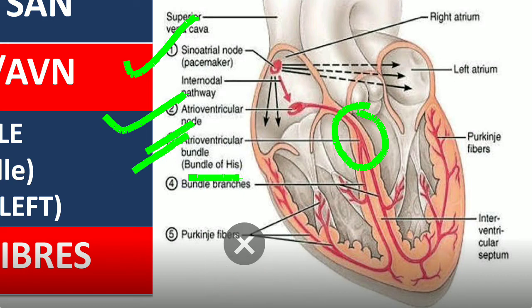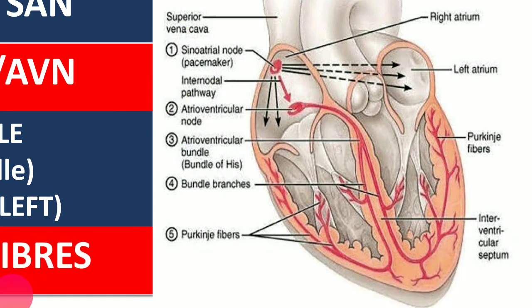Very important, it is asked hundreds of times: what is the bundle of His? You have to tell that the atrioventricular bundle is also known as the bundle of His, which is present in the septum region, the interventricular septum. After that it branches into two, left and right, and these are known as Purkinje fibers. You can see the Purkinje fibers here.